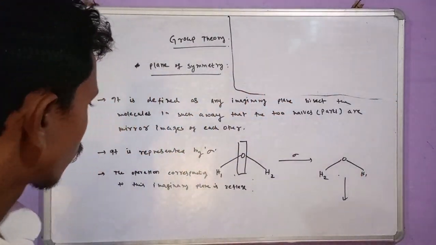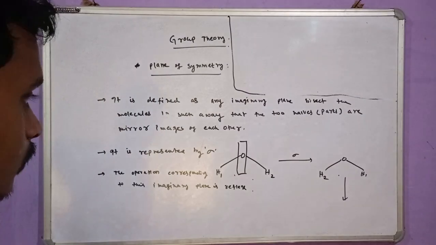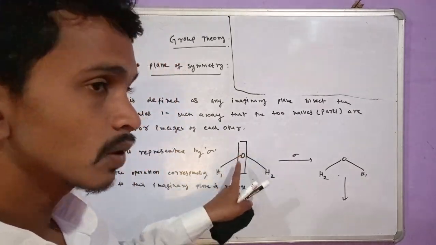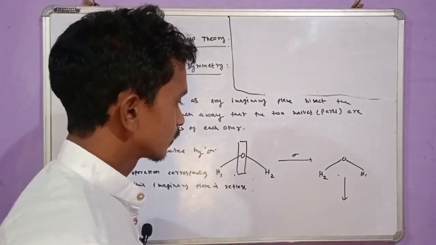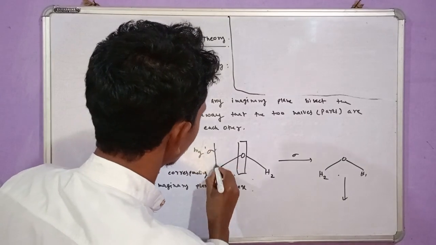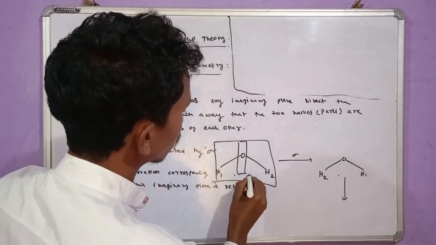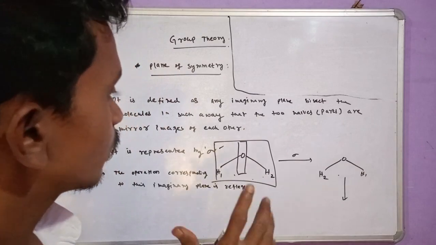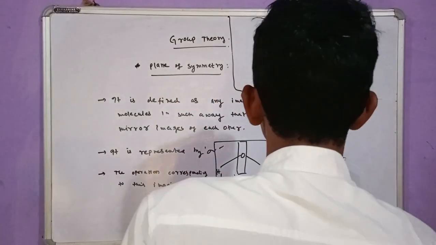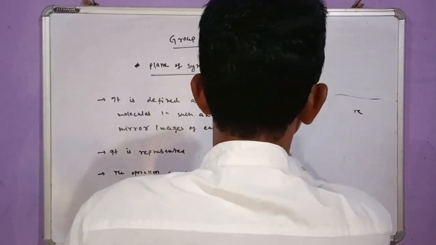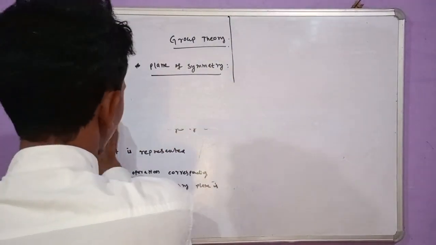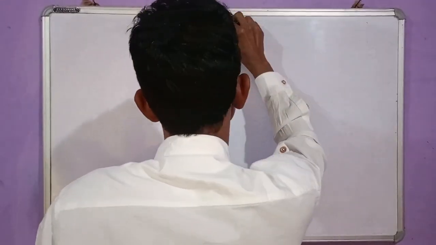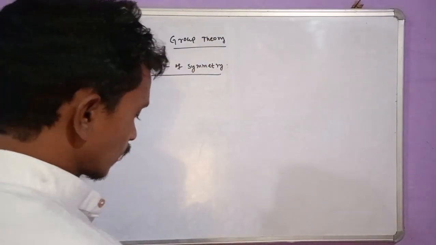Now, if we say any plane, here also you can pass mirror planes. You can also pass the mirror plane like this, cutting all the hydrogen atoms. So I can pass the plane in two ways mainly. Let's say this is water.